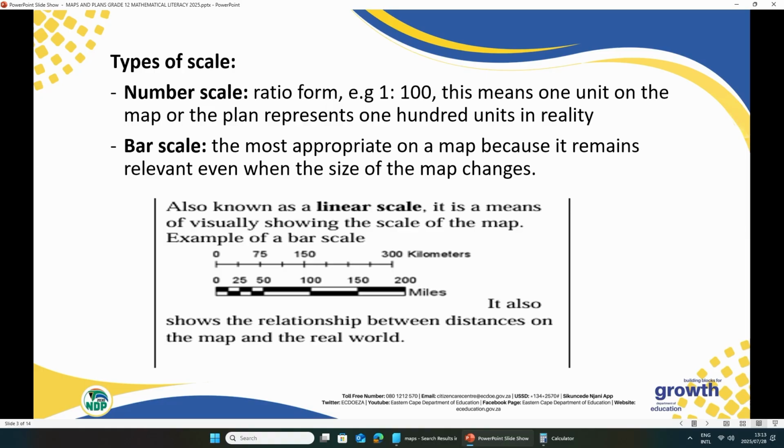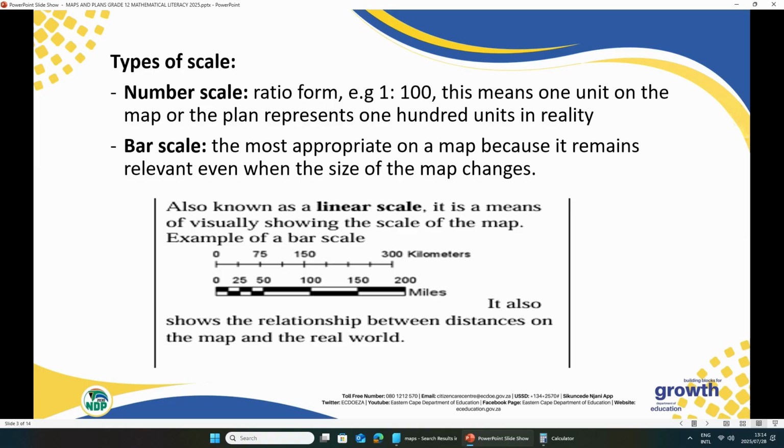Number 2 scale is the bar scale. The bar scale is also known as the line scale. This is the most appropriate on a map because it remains relevant even when the size of the map changes. Let's take, for example, when you are photocopying the map, it shrinks and the size of the map reduces.